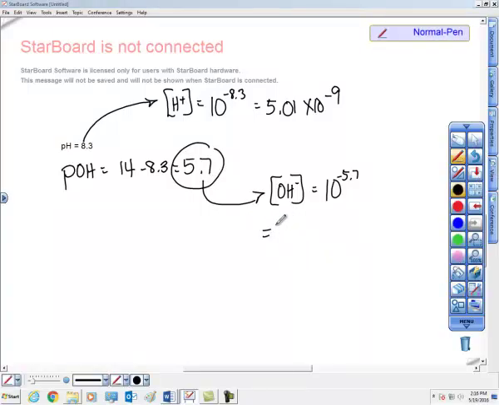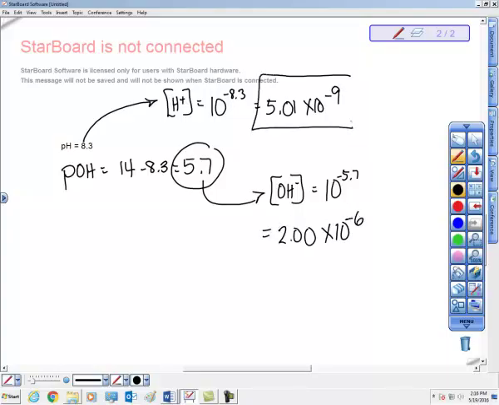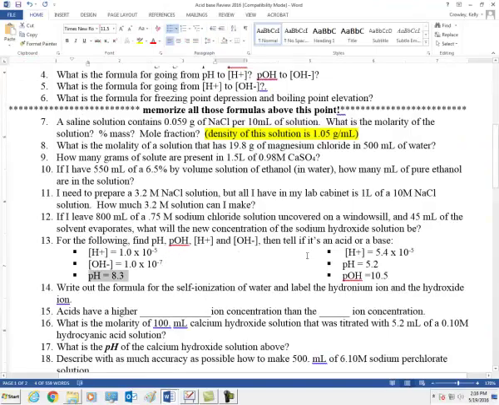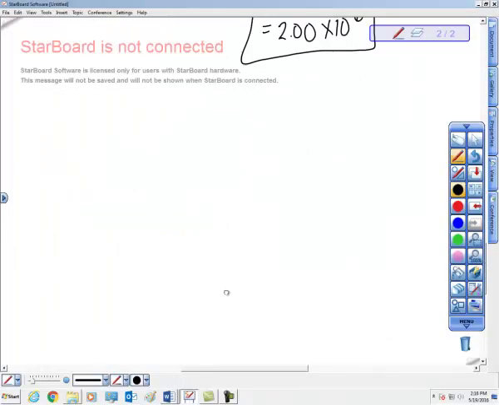That's actually 2.0, I guess? Yeah. 2.00 times 10 to the -6. All right, so there's your H plus ion concentration, there's your OH ion concentration, and there is your pOH. The more you do these, honestly, the faster you'll be at them. So this is great practice for memorizing your formulas for pH.